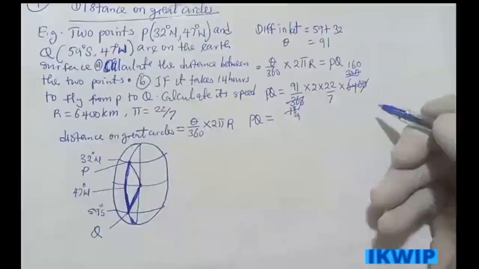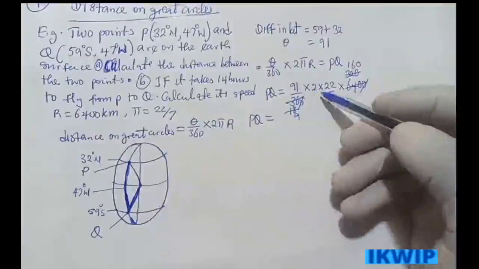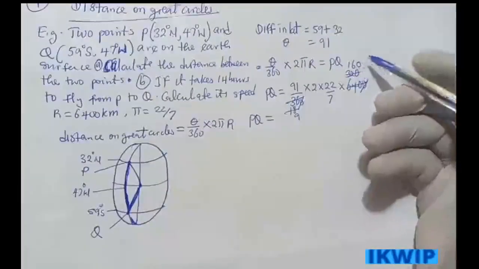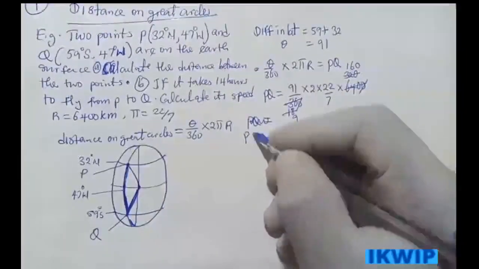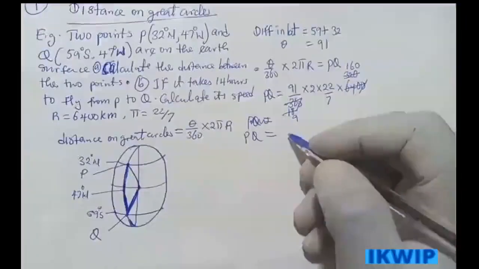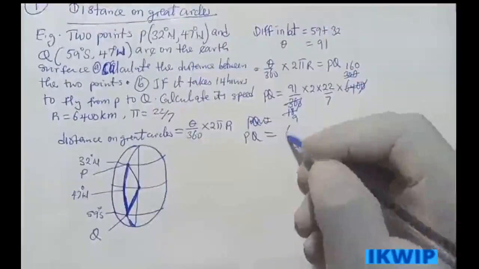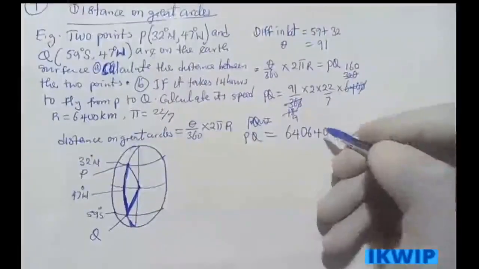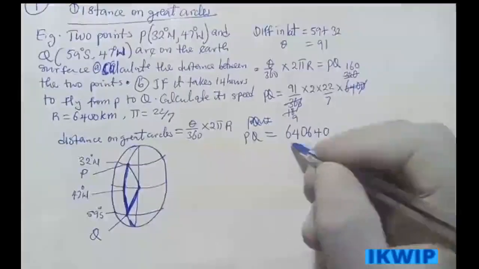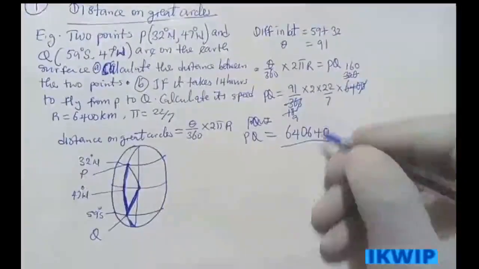So 91 times 2 times 22 times 160, that is 640,640. That is the multiplication of everything over here. 9 times 7 is 63.